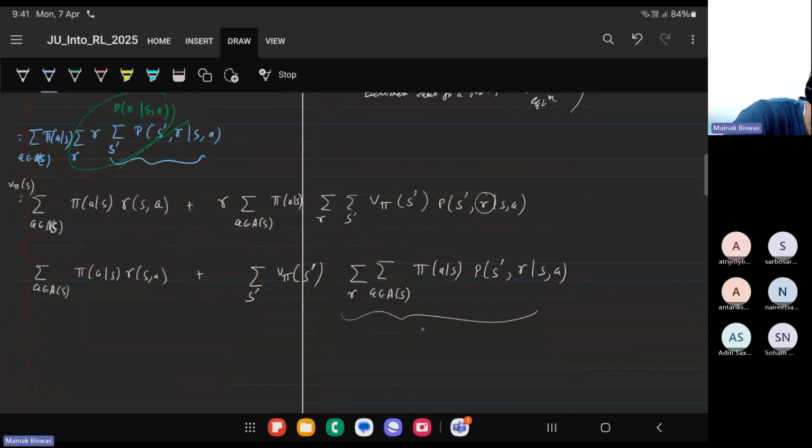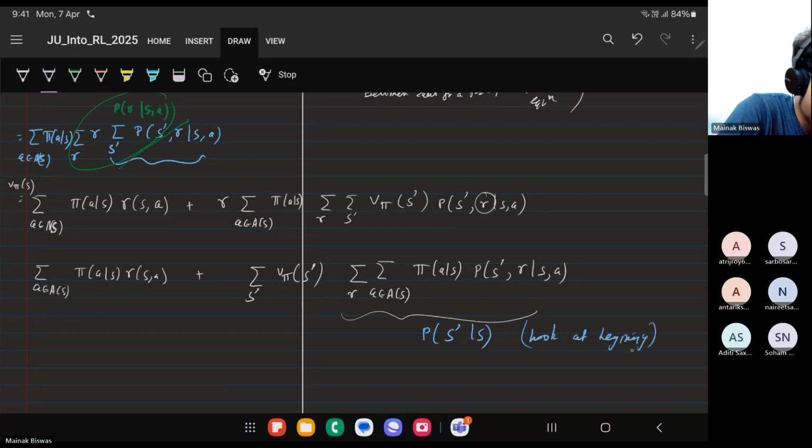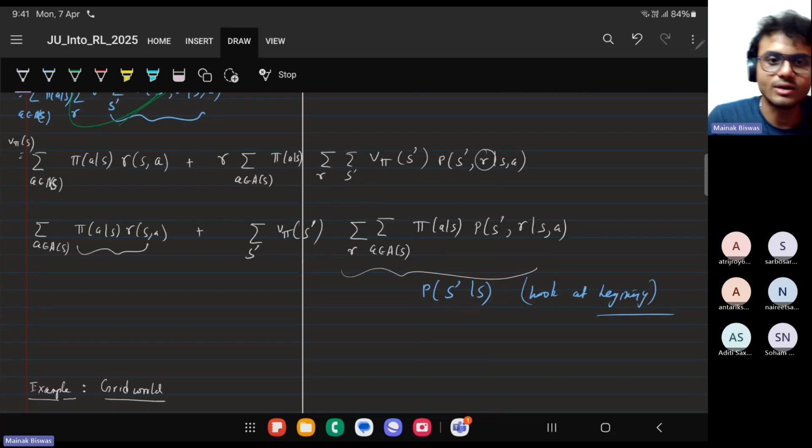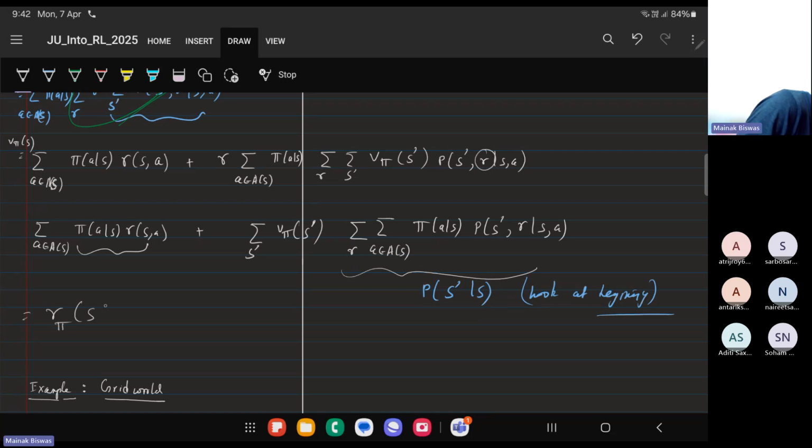So this is the probability of s prime given s. Now, can anyone tell me what this equation is? I can further reduce it to the expected reward of a state, because I'm averaging across all actions.